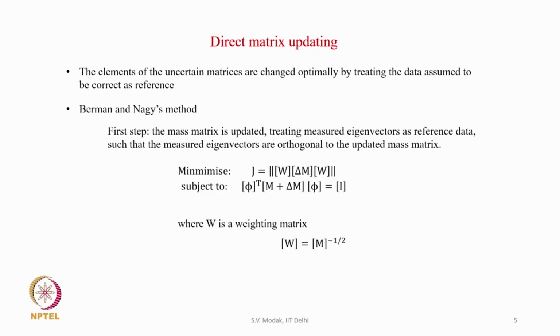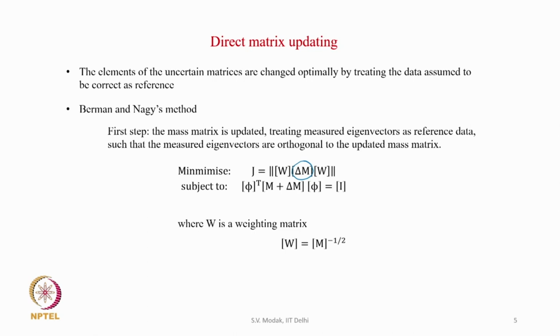So, an objective function J is defined, which is the norm of the product of a weighting matrix W, the change in the mass matrix delta m, and the weighting matrix again. The norm of this product is minimized, and that is called the objective function J, subject to the requirement that the measured eigenvectors are orthogonal with respect to the updated mass matrix.